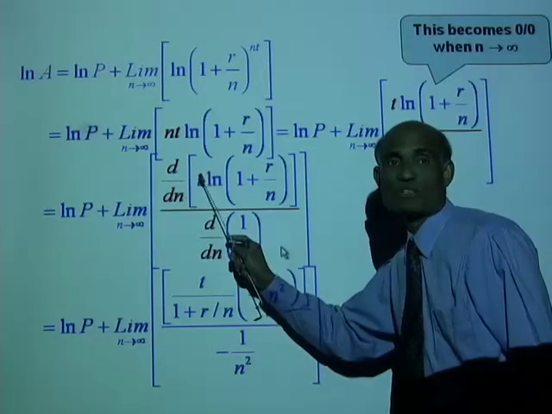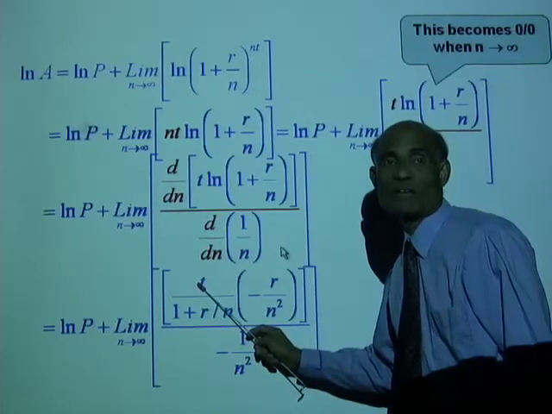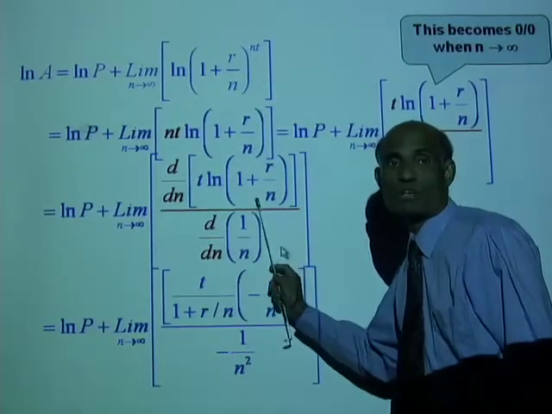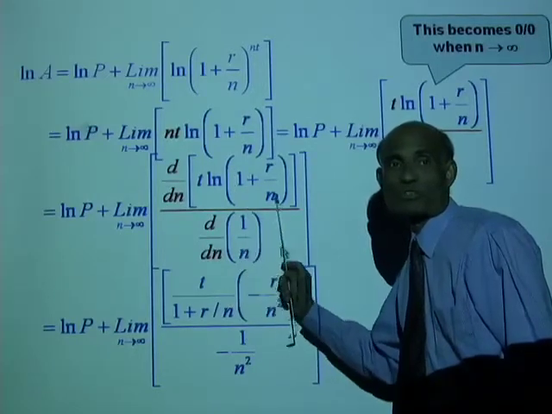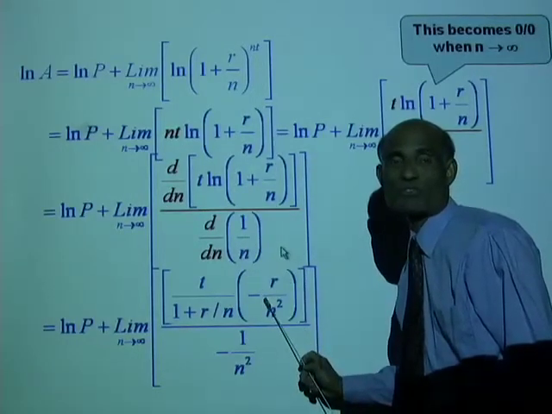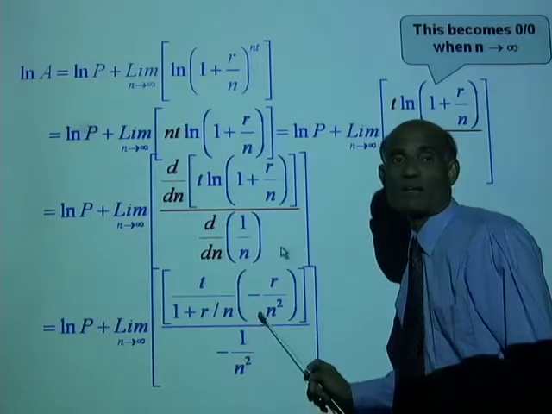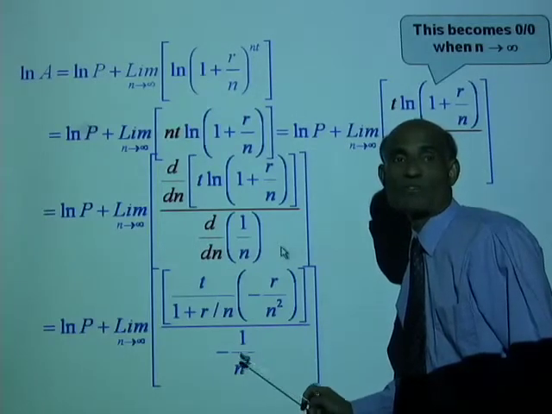One more time. t is a constant, that will remain there, times 1 over this quantity is this, times the derivative of that quantity is this, divided by negative 1 over n squared.